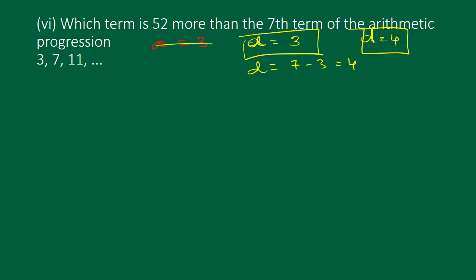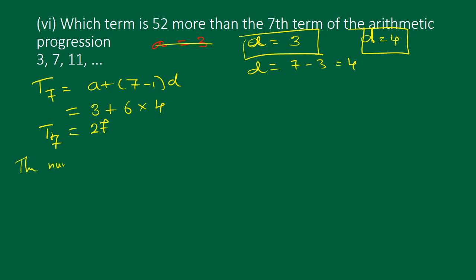So let's find out the 7th term. t7 is equal to a plus 7 minus 1 into d, and you get 3 plus 6 into 4, that is 24 plus 3, that is 27, t7.